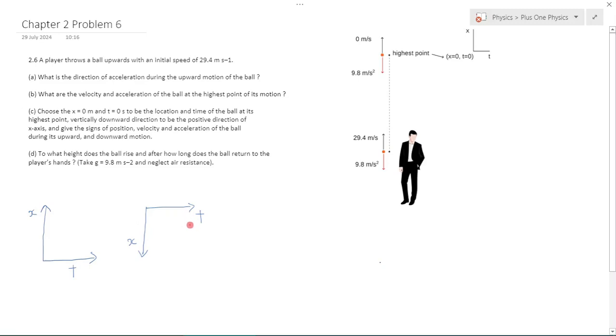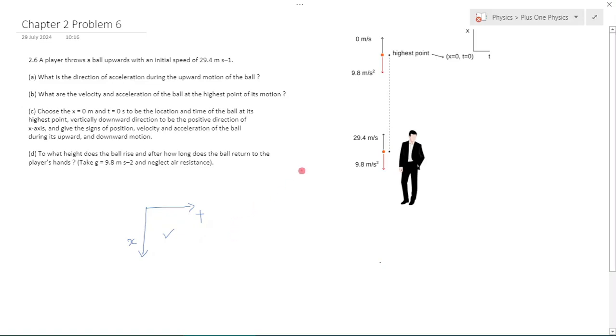We have to put all things into this graph and understand, and we have to state the velocity, the direction, and the acceleration of the ball in terms of this graph. So this is the reference diagram. Ordinarily we take it the other way, but we have to take it like this. So I will erase this, and I will explain the next things.